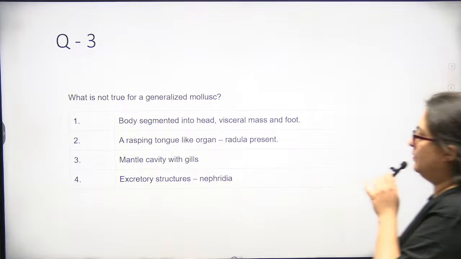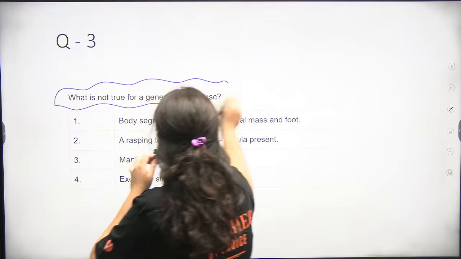Question number 3. Not true for generalized mollusk.